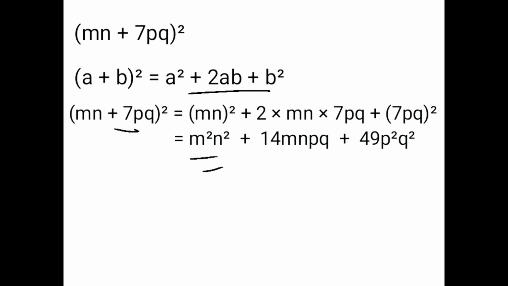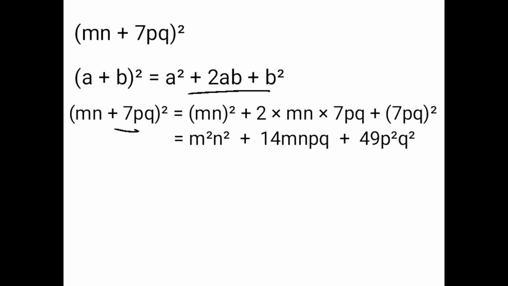Different variables are given, m and n, so you have to write the square for each different variable. That is m square n square plus 2 into mn into 7pq. First you have to multiply the numbers and then the variables. 2 sevens are 14. 14 into mn into pq means 14 mn pq.